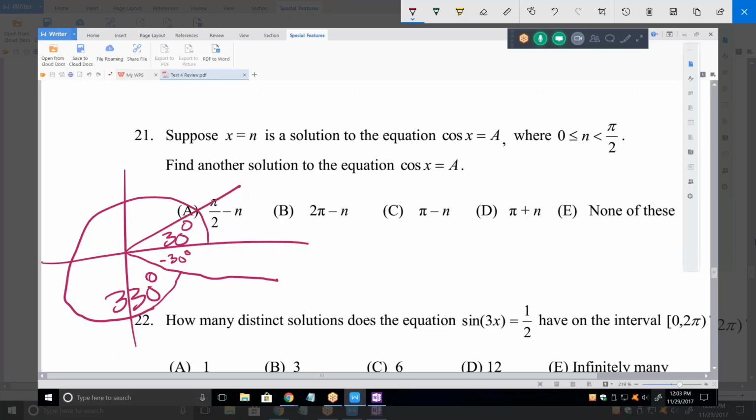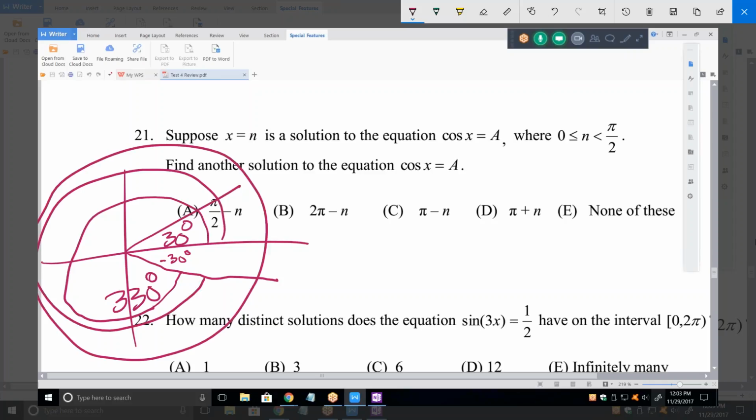And in fact, anytime you add a multiple of 360, you get the same answer. So there's another solution, which is to go around twice. So that angle would be 360 plus 330, 690. But they don't have that as one of the multiple choices. We don't need it. We found our answer. All right.